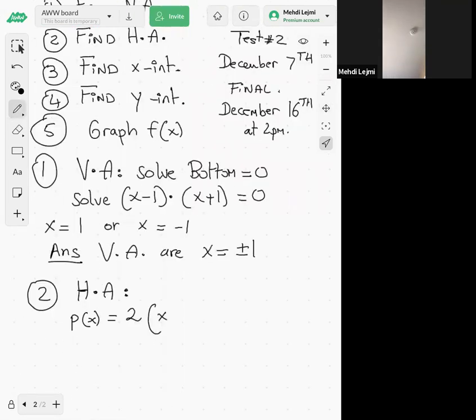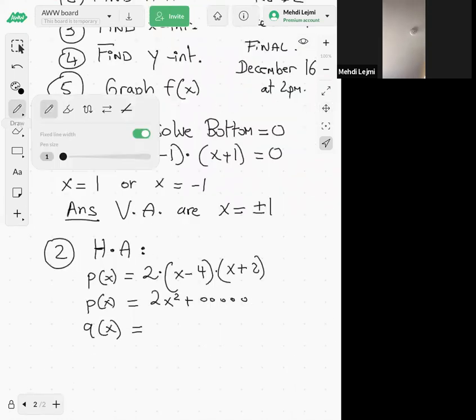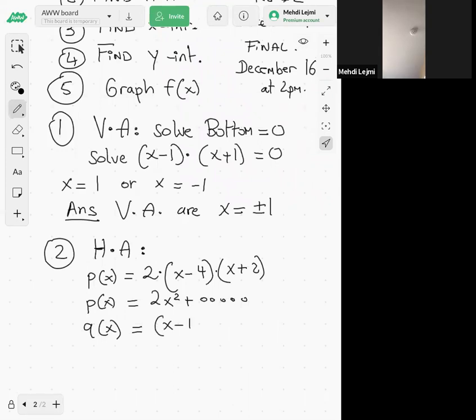When you expand p of x, distributing, you have 2x squared plus etc. And q of x is x minus 1 times x plus 1, which gives x squared minus x plus x minus 1.